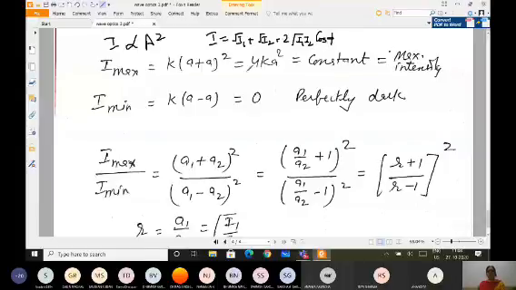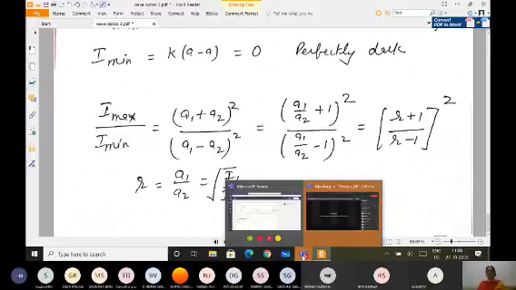So from there you can take I maxima upon I minima, that is equal to A1 plus A2 whole square divided by A1 minus A2 whole square. For minima you are getting by subtracting, and for maxima you are getting by adding. Or I can rewrite this equation as A1 upon A2 plus 1 divided by A1 upon A2 minus 1.